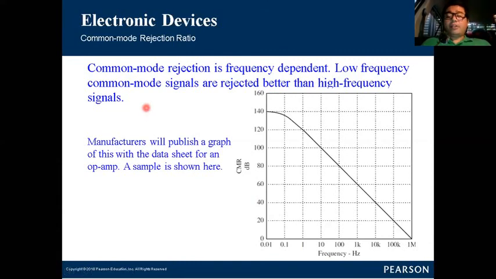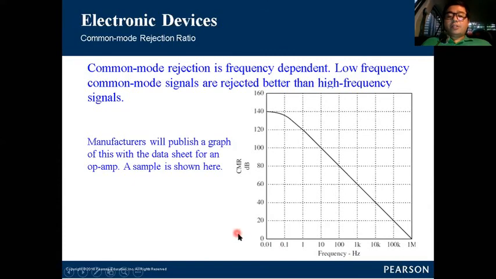So whether it is low frequency or high frequency, your operational amplifier has different responses for the different frequencies. So let us take a look at this graph. This is a graph of the response of the operational amplifier based on the CMRR against your frequency.